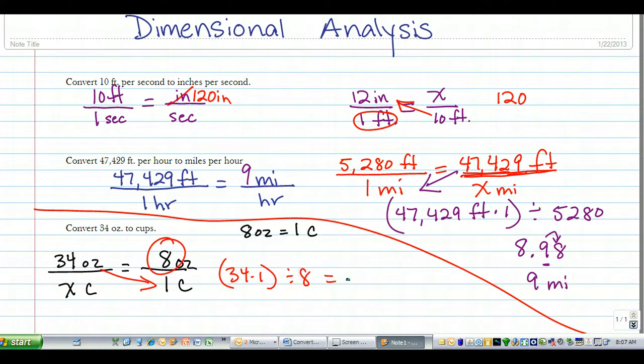Plug it into your calculator. 34 times 1 divided by 8. What do you get? 4.25 cups. 4 1/4, 4.25 cups. Okay, take a deep breath, and we're going to practice some more.